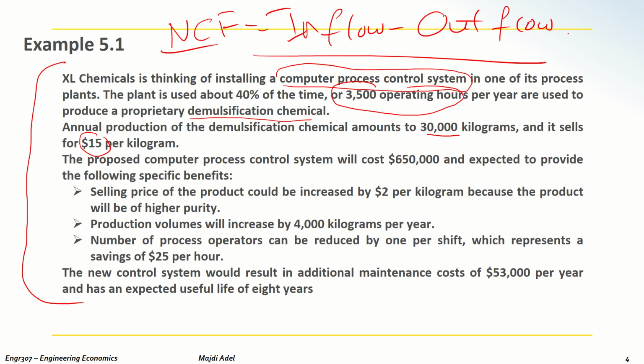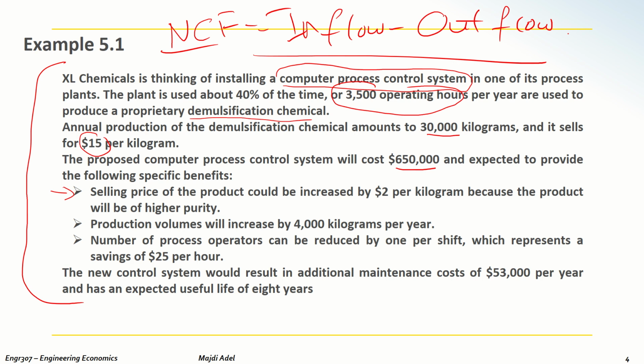Now, the new process control system is expected to cost $650,000. Its cost to the company will be $650,000. But it will provide the following benefits. First of all, the selling price of the 30,000 kilograms will increase by $2, because the quality will improve and it will be of higher purity.